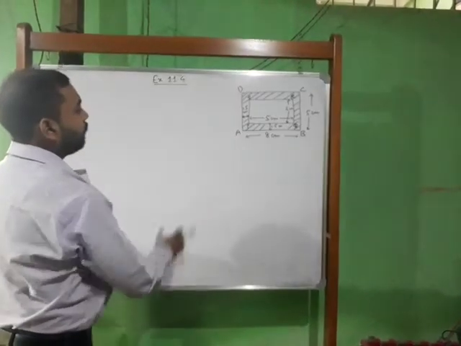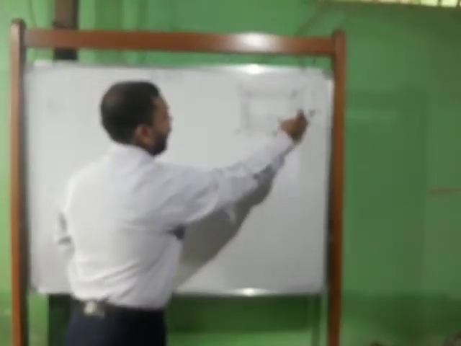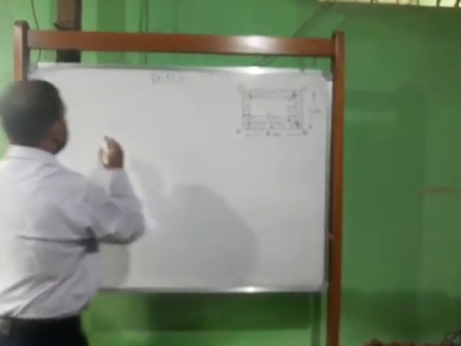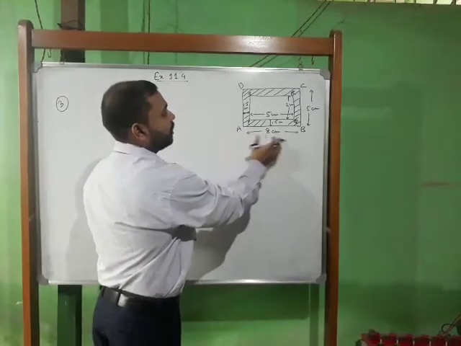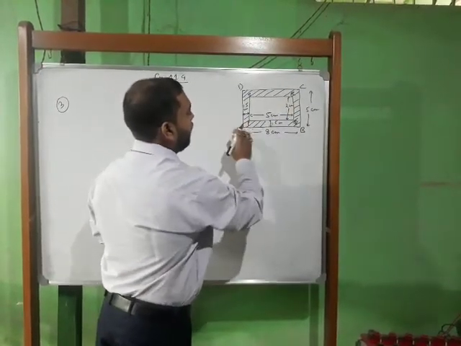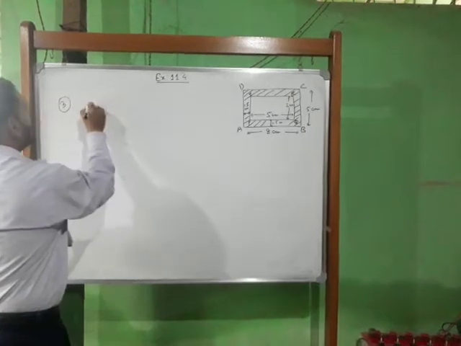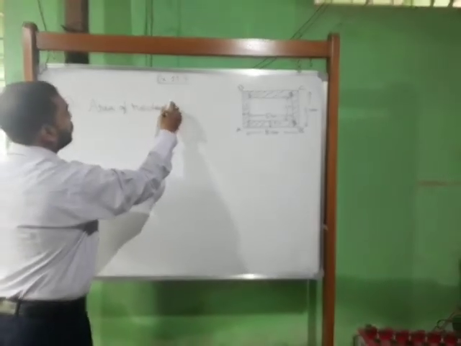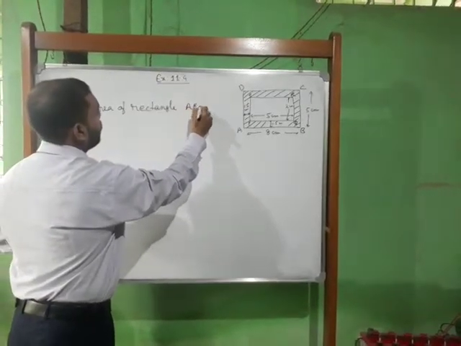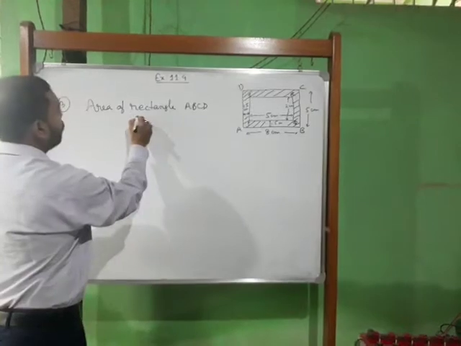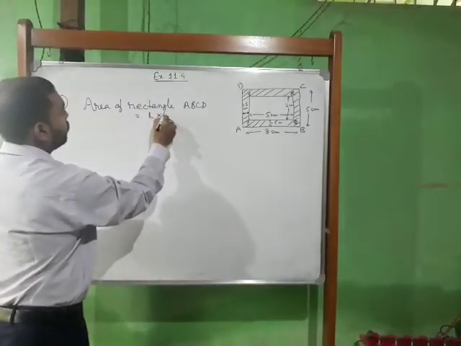So let us first calculate the area of rectangle ABCD. Area of rectangle ABCD is equal to length into breadth.